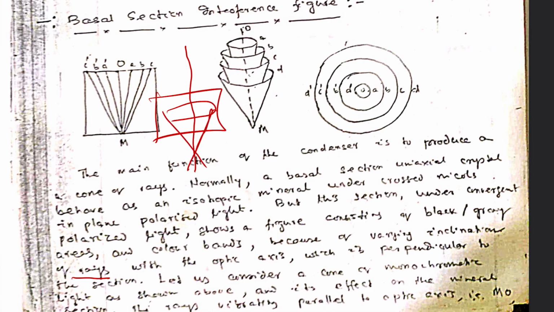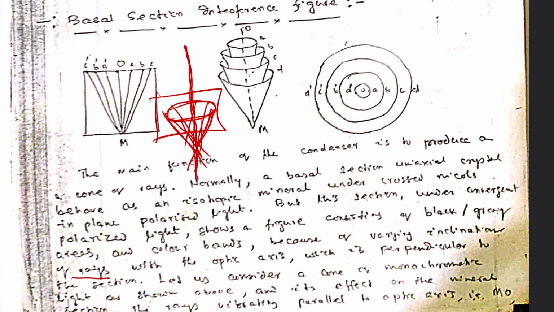So these rays which occur in one ring are all inclined to this optic axis at the same angle. Particularly the light rays which come in one ring have the same inclination to the optic axis.